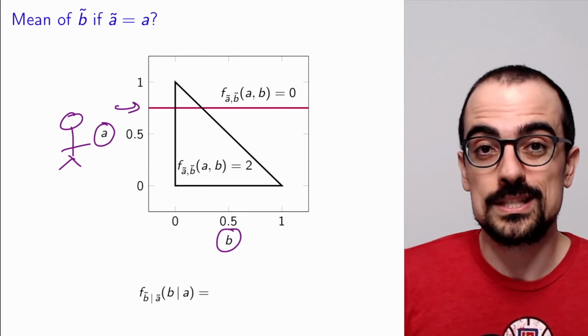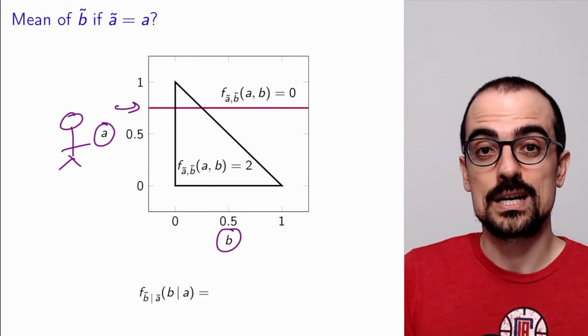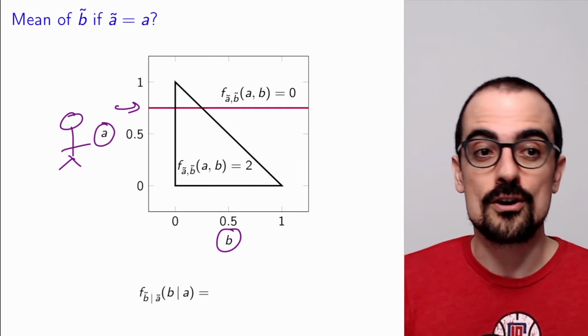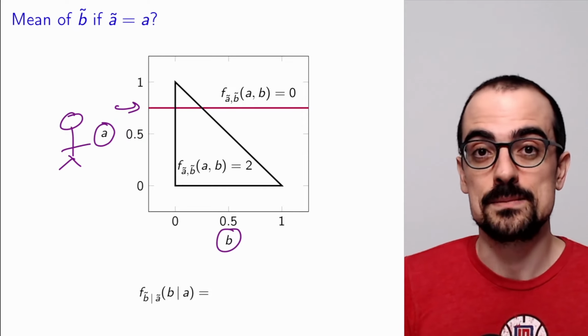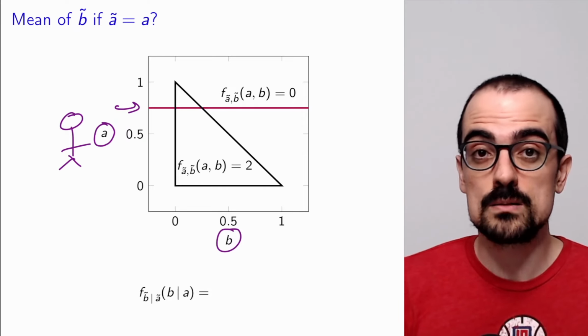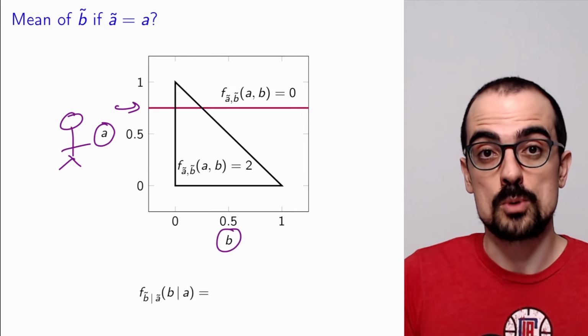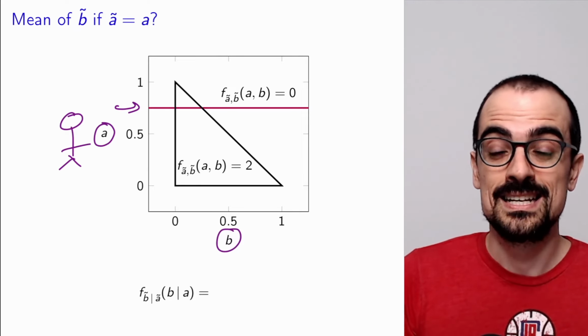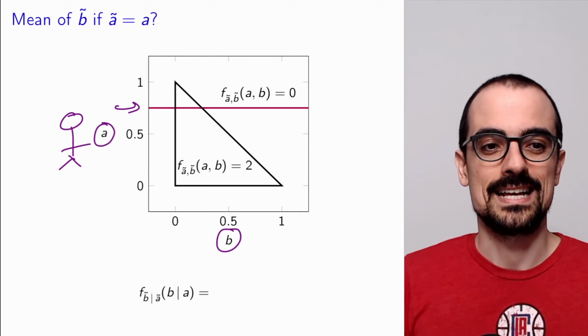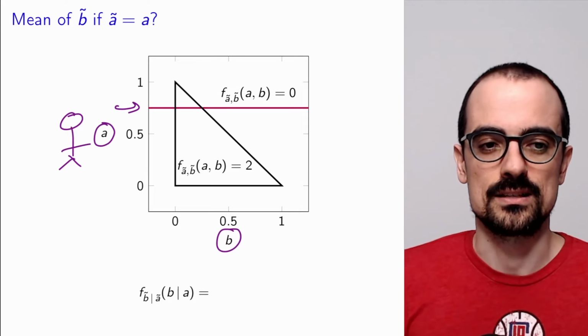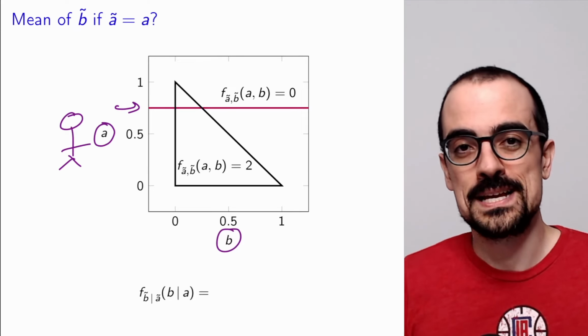Well, in order to compute that conditional average, we need to characterize the conditional distribution of B given that information. Since B is a continuous random variable, we're going to do this using the probability density function of B, conditioned on knowing that A is equal to a certain value. That is the conditional PDF.